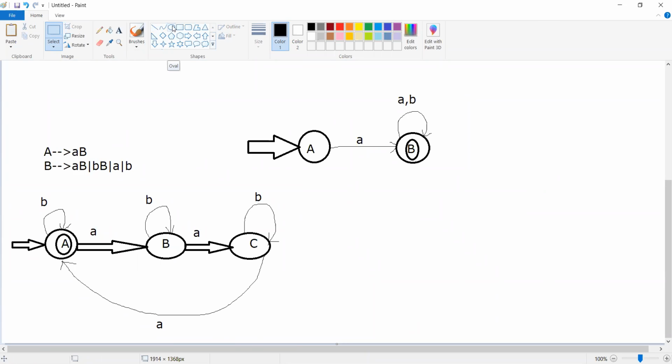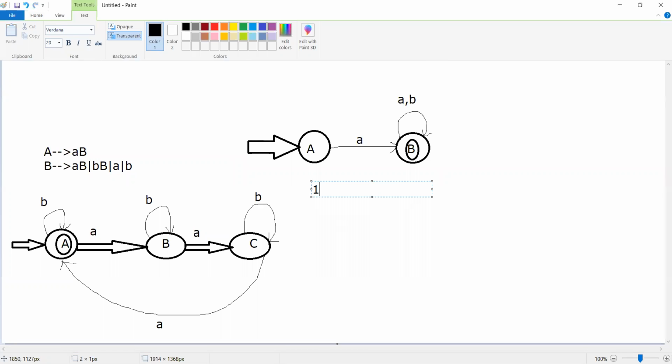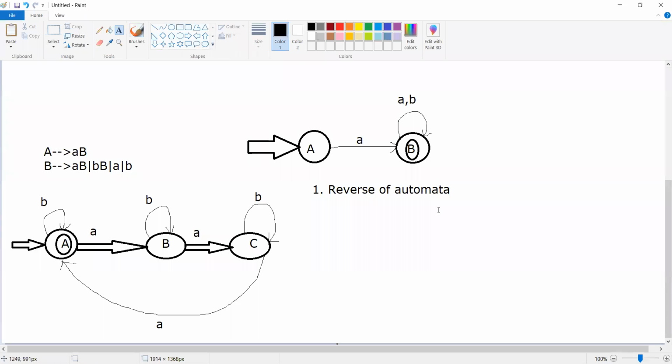So please observe. As a first step, we need to find the reverse of the automata. When we do the reverse of this automata, the initial state is going to act like a final state and the final state is going to act like an initial state.